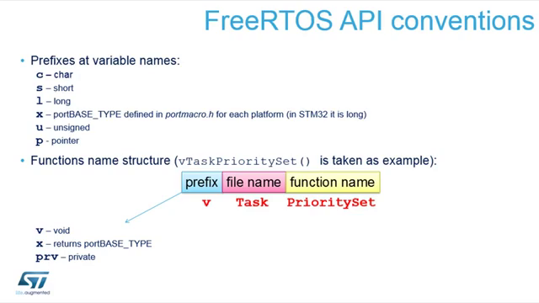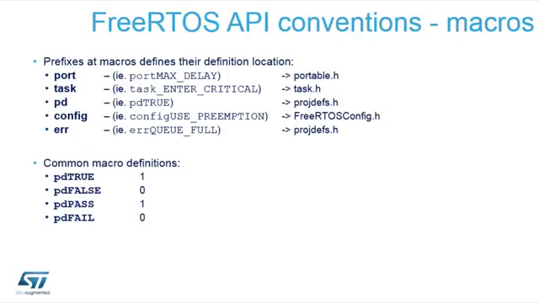When we speak about functions, again, it has got a prefix telling what return value it gives. So whether it doesn't give anything, or a port-based type, specific type, or return value, and whether the function is private or public. So this way you can very easily recognize what the function returns, what parameters it takes.